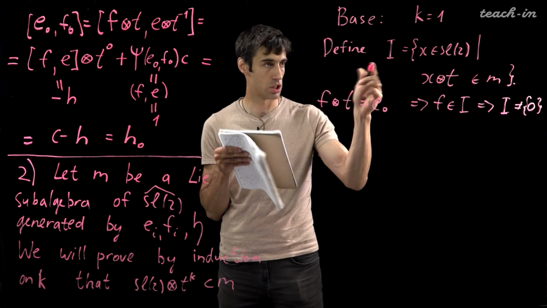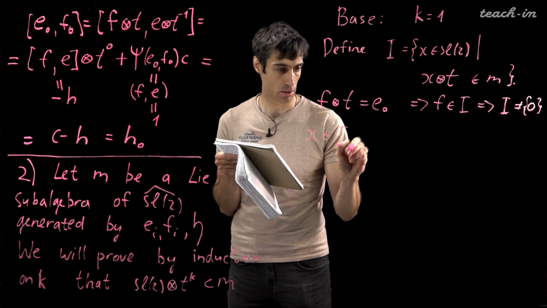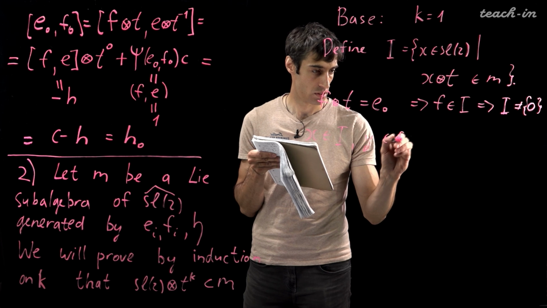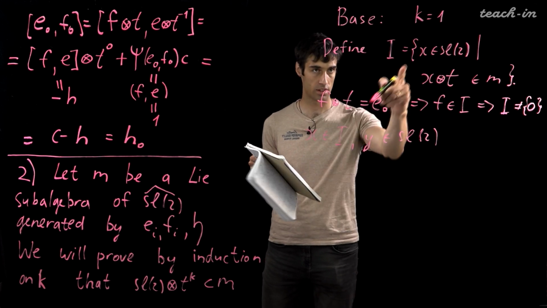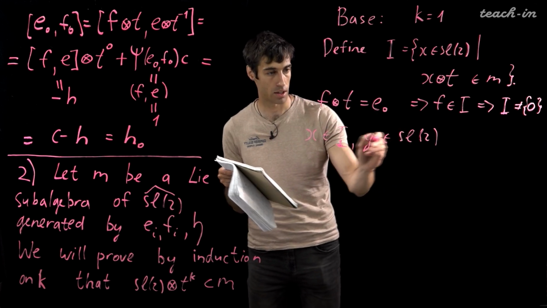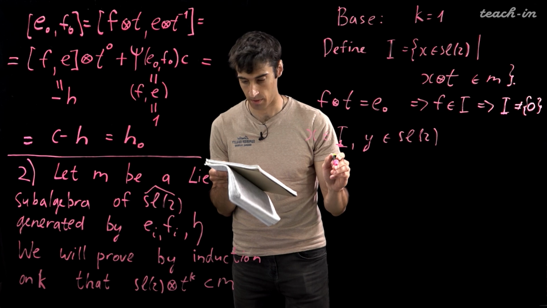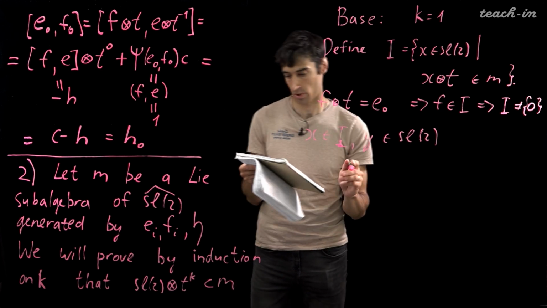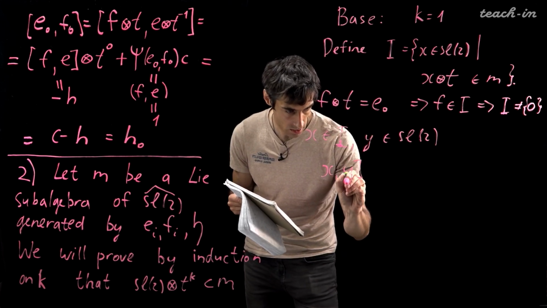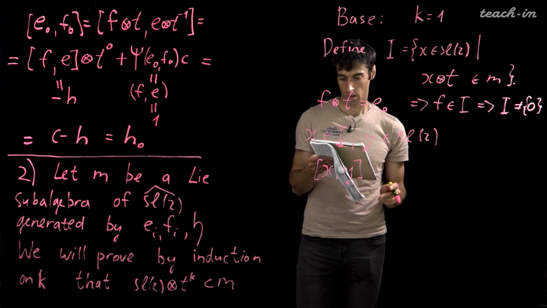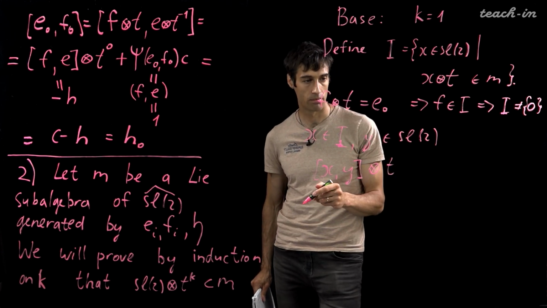Okay, so I need to check that it is an ideal. I take X from I and Y from SL2. X is also from SL2, but it's also from I. But Y is any element from SL2. Then I would like to take the commutator and see that this belongs to M, right?